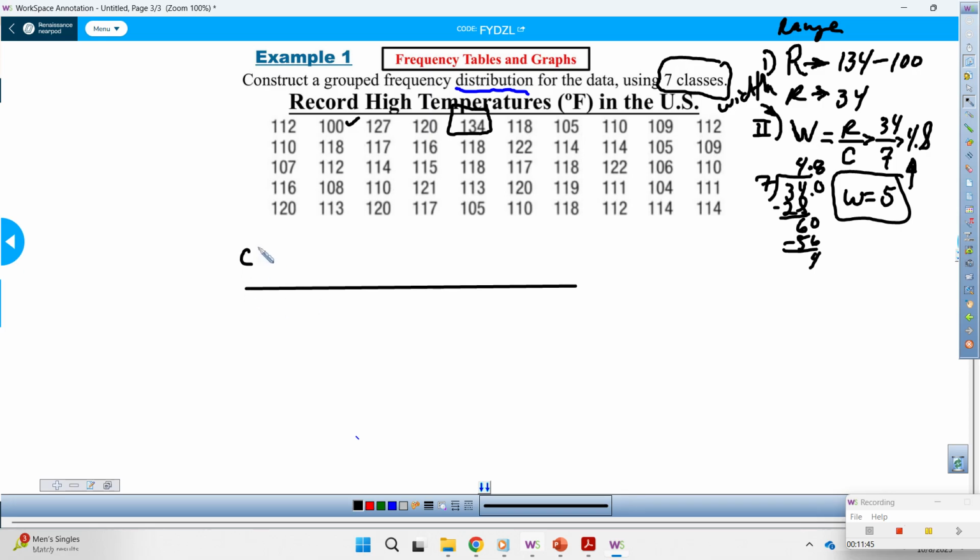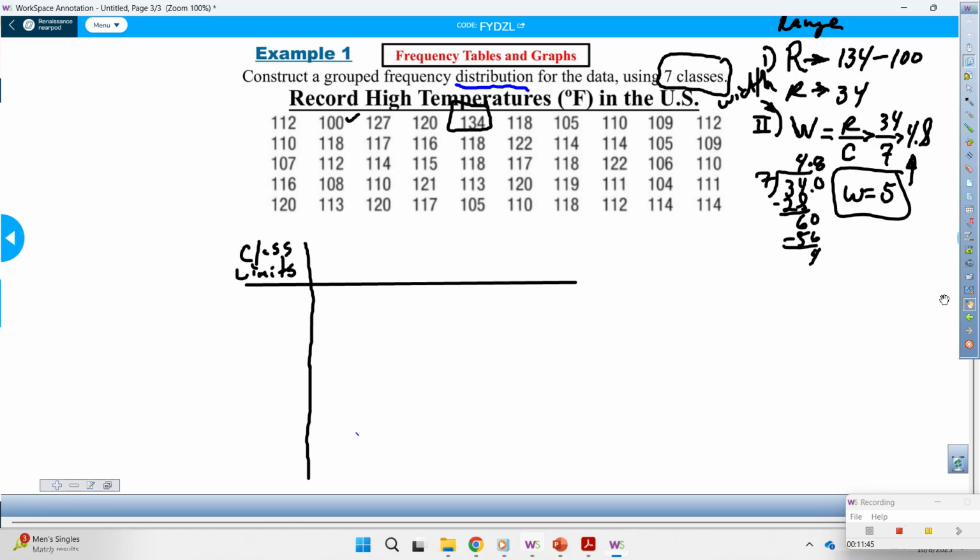We call it class limits. All right, so here we go. Let me pause the music. Writing utensils down, look up to the screen, and then I'll have you copy right after.